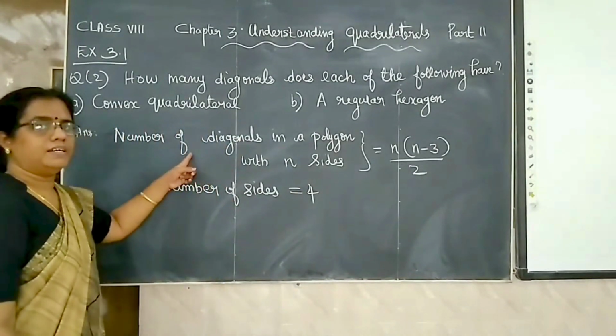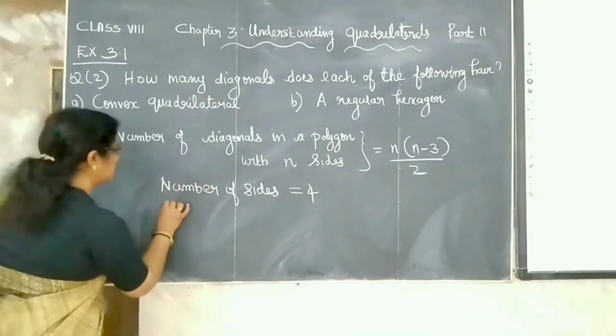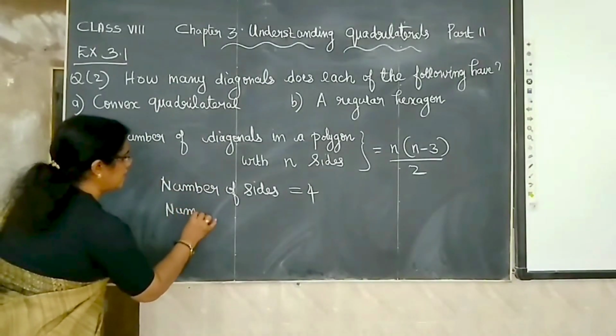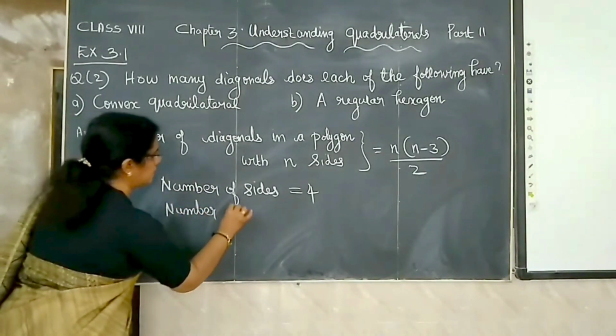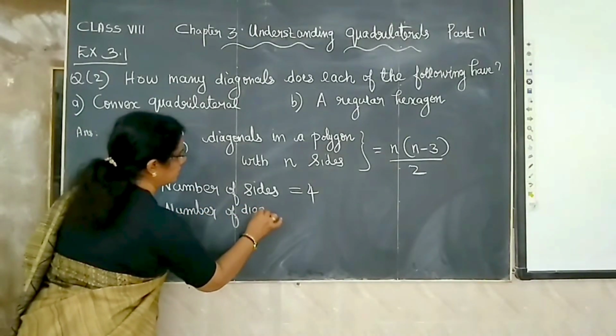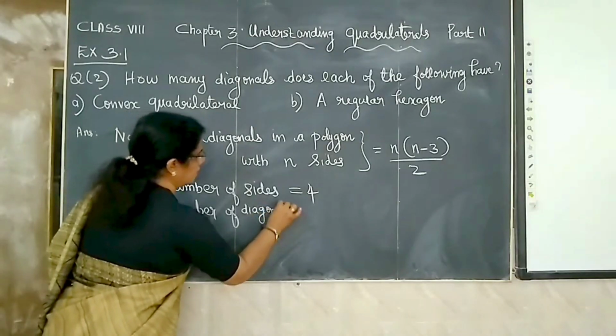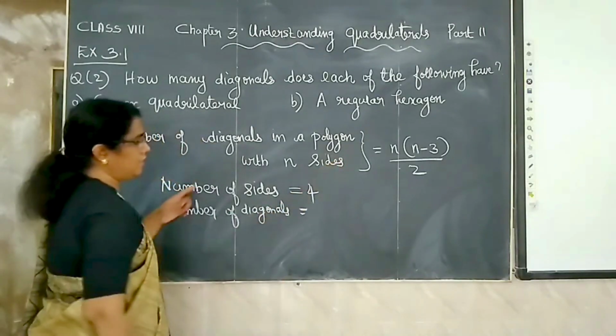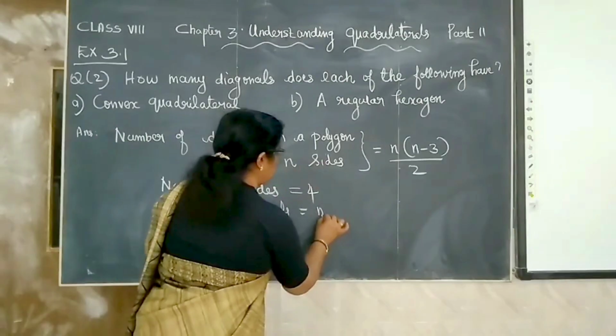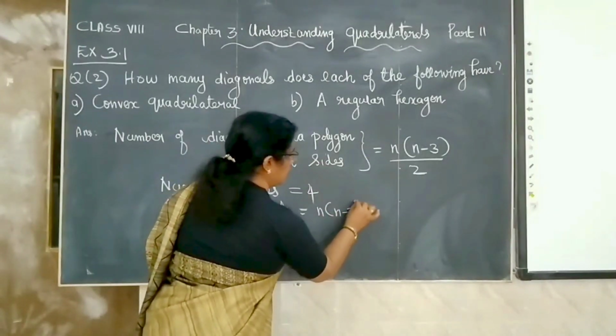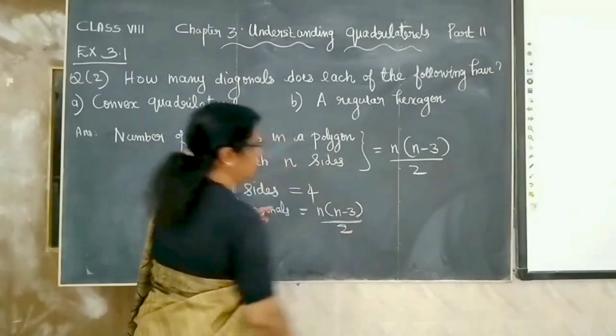So we can find the number of diagonals. In the next step, number of diagonals is equal to, we can use this equation n into n minus 3 divided by 2.